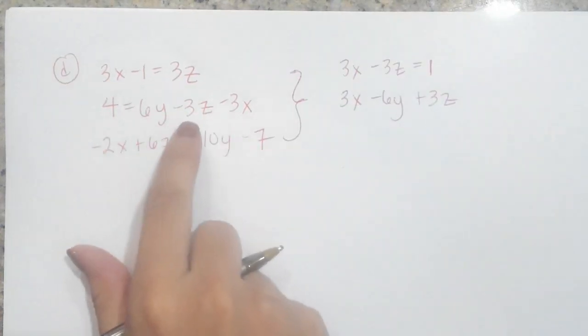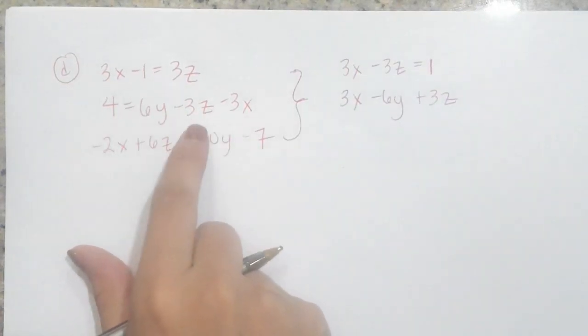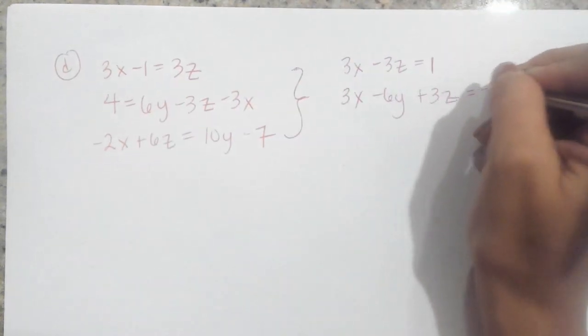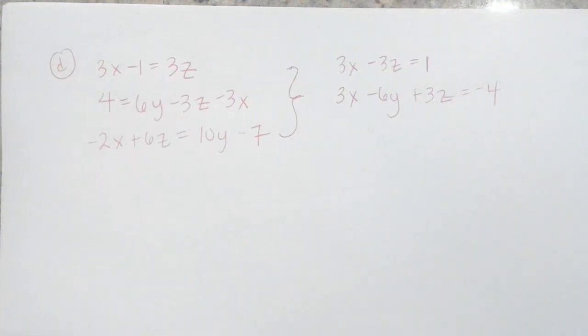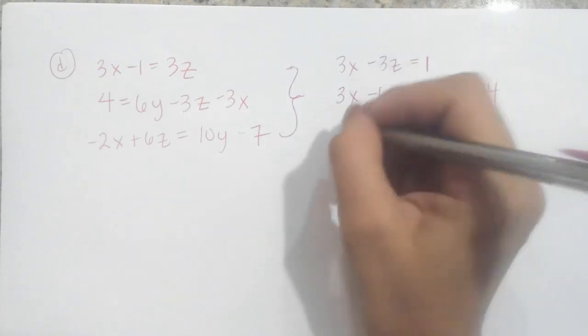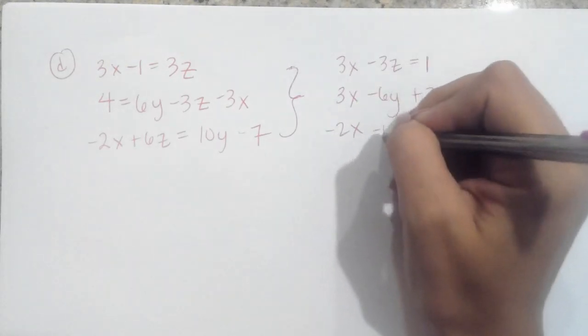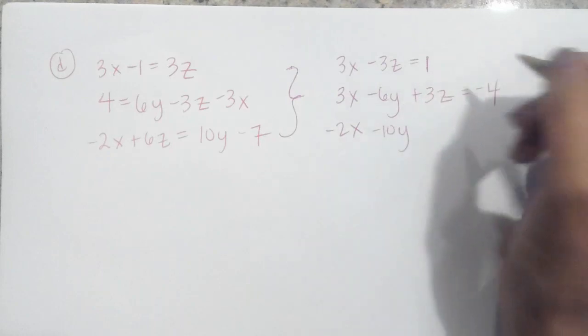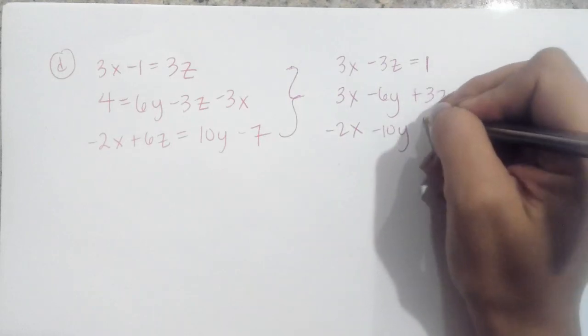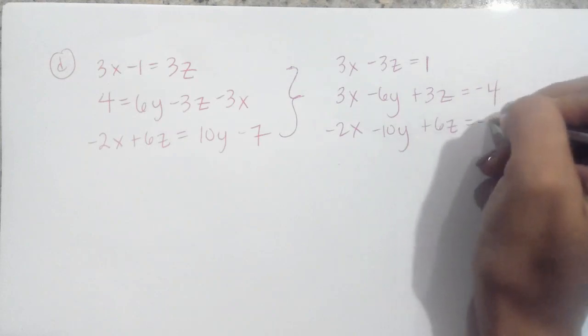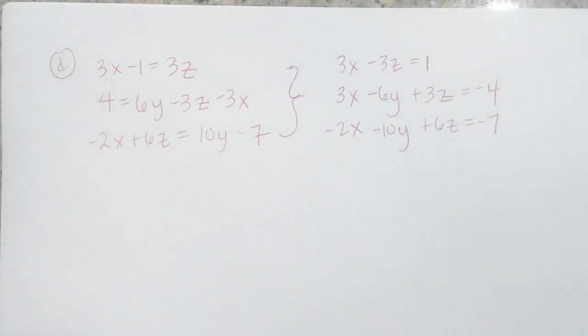So positive 3x, negative 6y plus 3z equals negative 4. Move everything over. And then I'm going to do this last guy, so the negative 2x is still on the left, so he's good. Minus 10y, and then I have plus 6z equals negative 7. Alright, great.